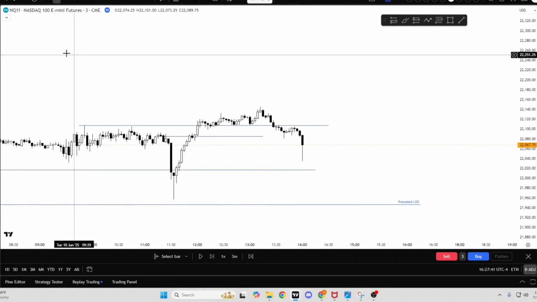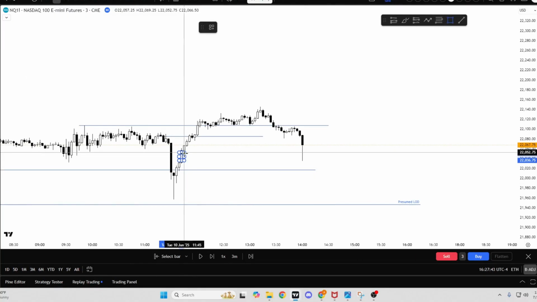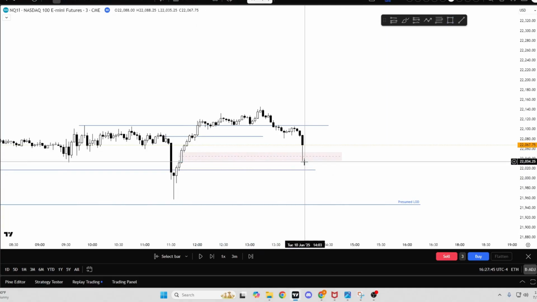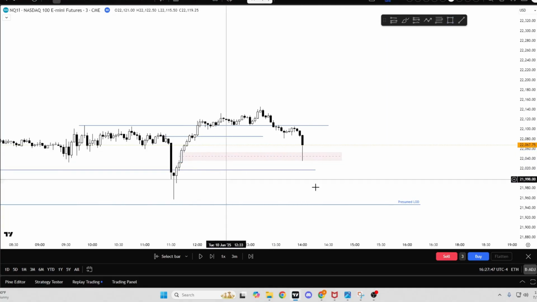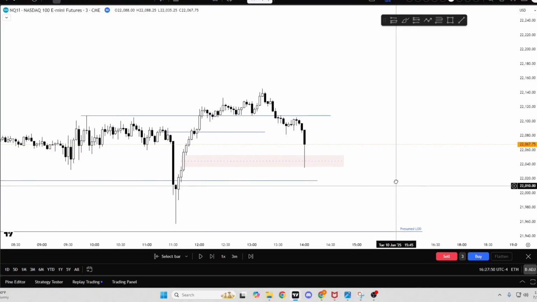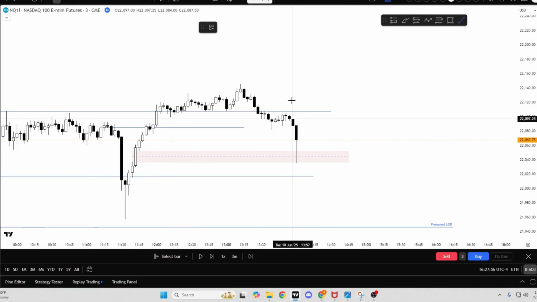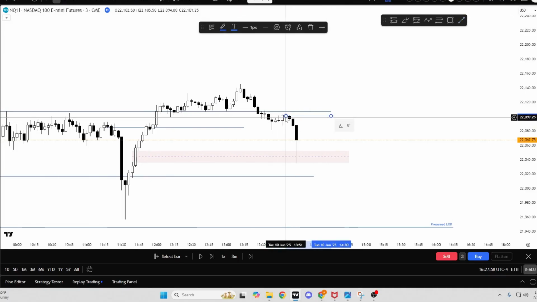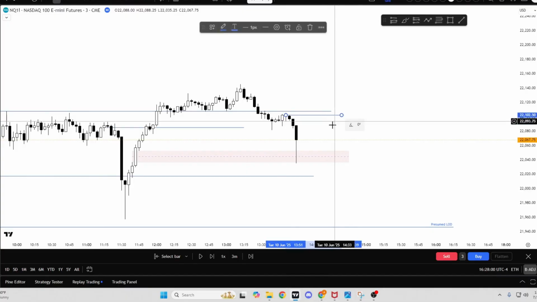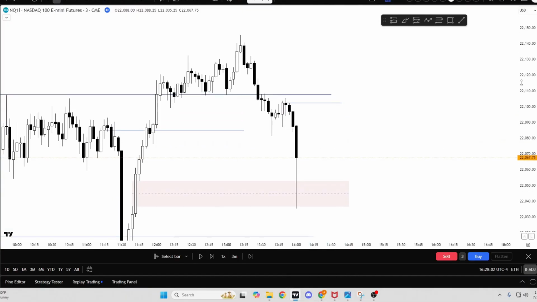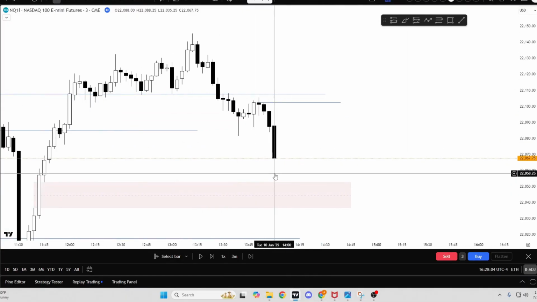The 1400 opens, dumps into this fair value gap here. It actually balances to the tick, fills it to the tick and returns. We don't have a confirmation of reversal yet. We would need to close over this. This is 1400 still.